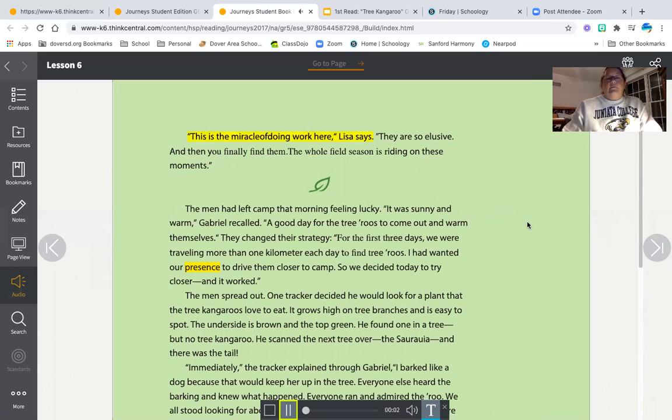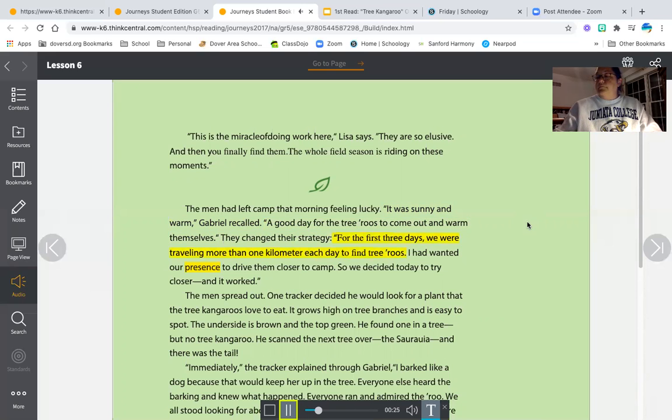This is the miracle of doing work here, Lisa says. They are so elusive, and then you finally find them. The whole field season is riding on these moments. The men had left camp that morning feeling lucky. It was sunny and warm, Gabriel recalled. A good day for the tree roos to come out and warm themselves. They changed their strategy.